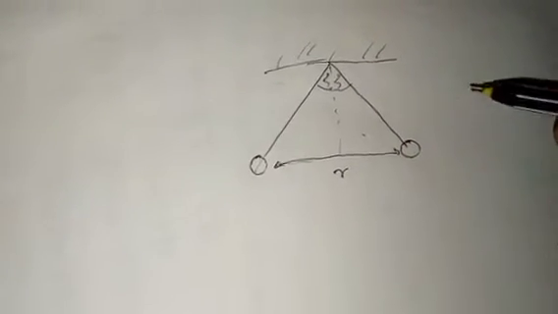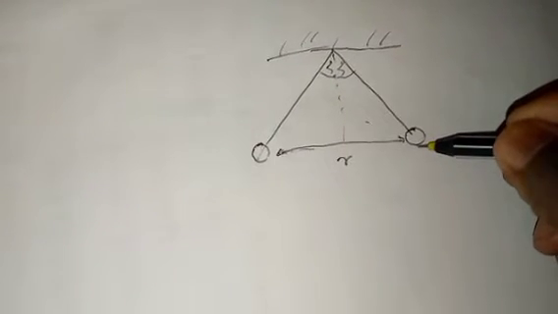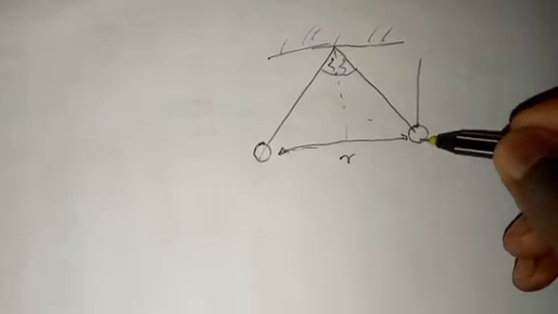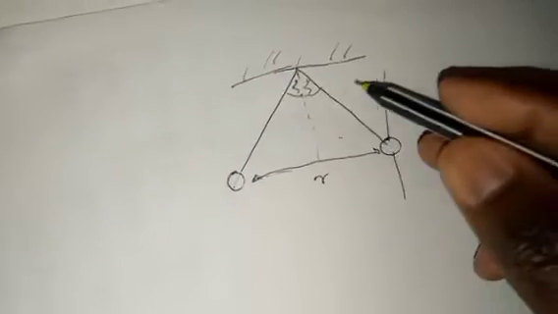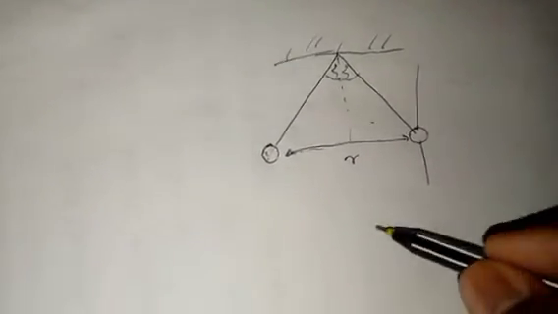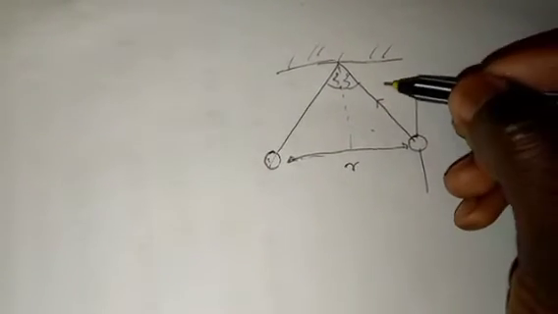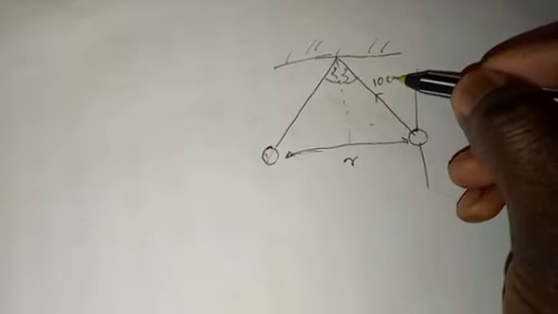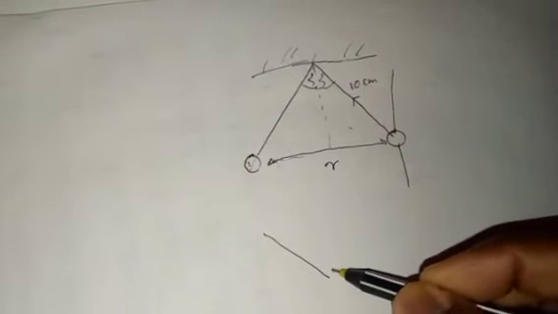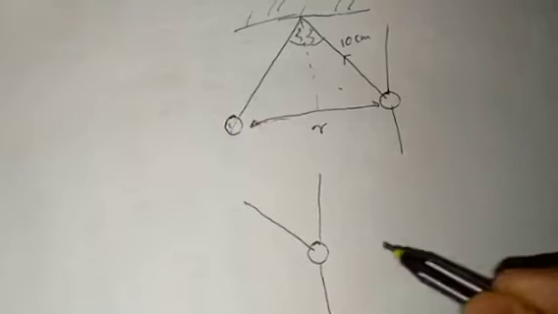So this question requires us to use the system of resolving every force for every charge. I can resolve the force on this charge, and it will be the same thing for the other charge. If I want to resolve this tension, which is 10 centimeters long, it has to be resolved like this.